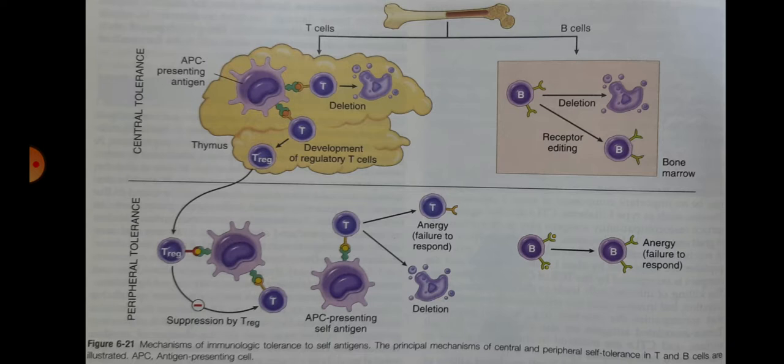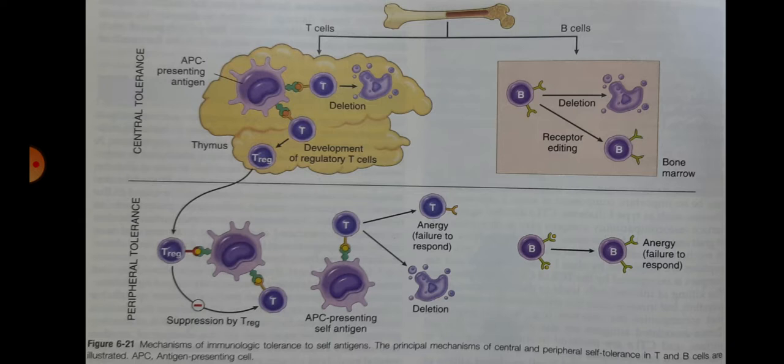Their inhibitory activity may be mediated in part by the secretion of immunosuppressive cytokines such as interleukin 10 and TGF beta, which inhibit lymphocyte activation and effector functions.